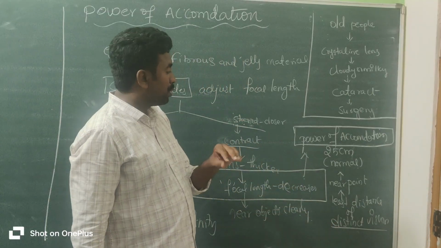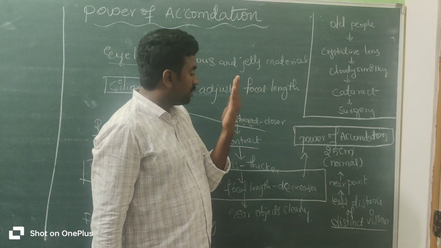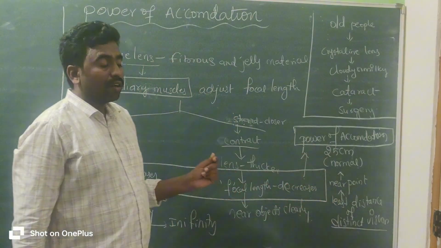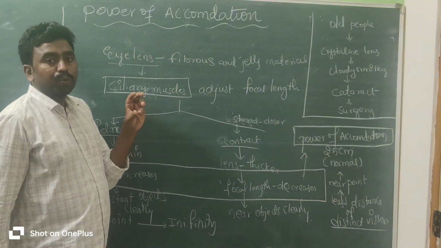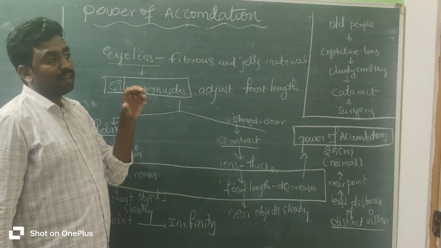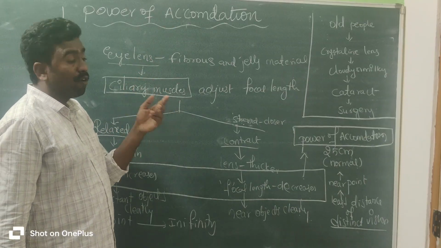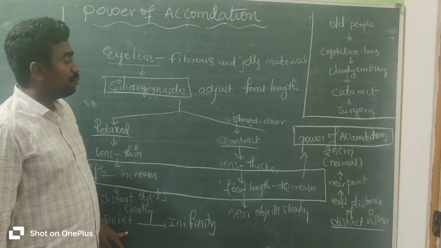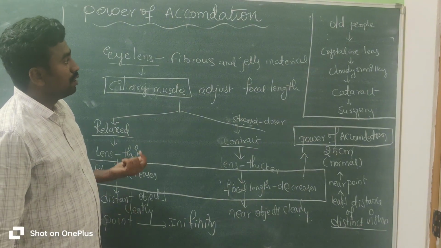For a normal person, it is 25 centimeters. The capacity of a person to see long distances is the far point. The far point of a normal person is infinity. It varies from person to person.